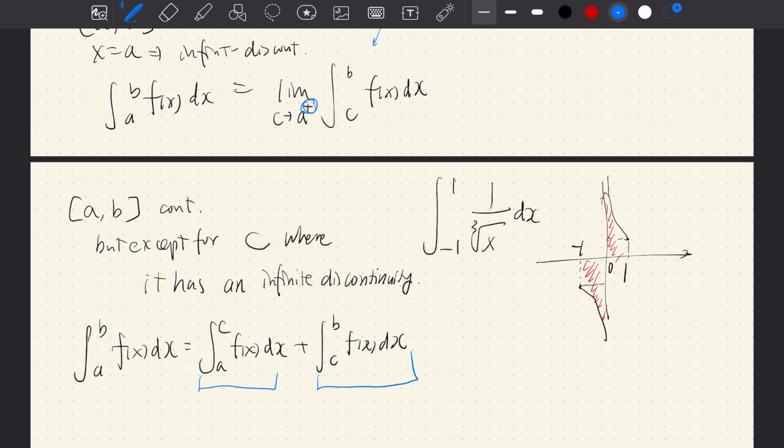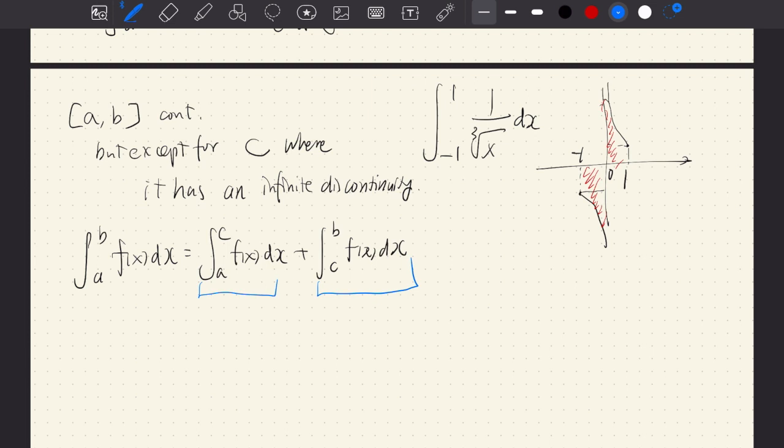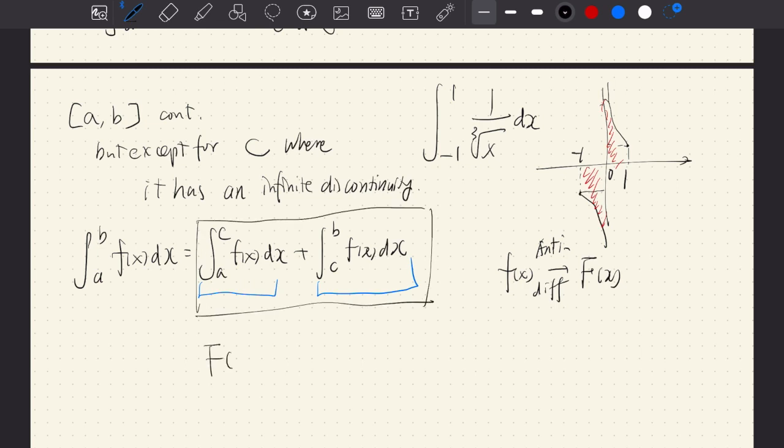And the pitfall here is this: if you know that one of the antiderivatives of small f of x is big F of x, and you evaluate the right hand side, then for the first integral you should write a limit, because this is still an improper integral.